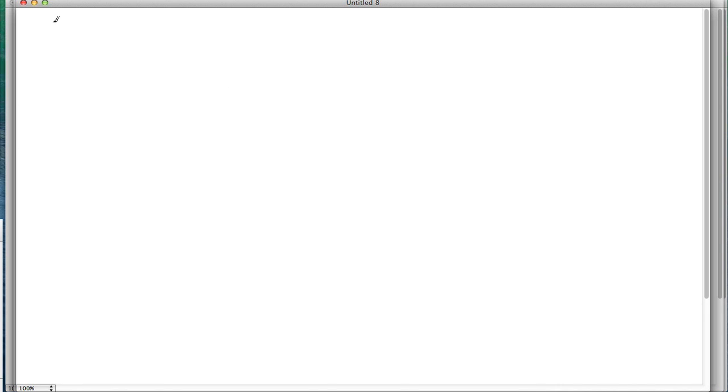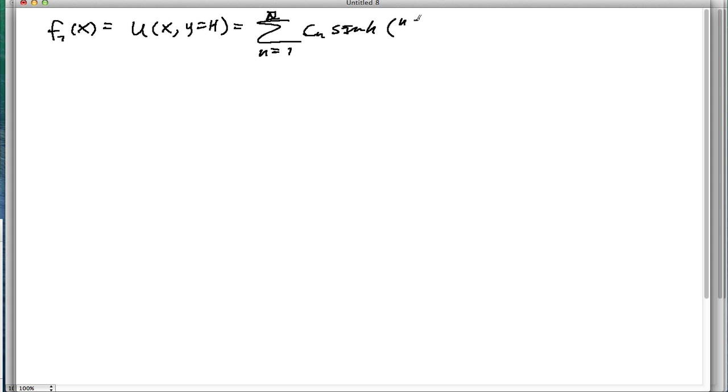And I'm going to have to rewrite that, unfortunately. So f2 of x is equal to u at x, and y is equal to h. And that's equal to the sum n equals 1 to capital N, some very large constant, Cn sinh of n pi over L times h times sine n pi over L x.